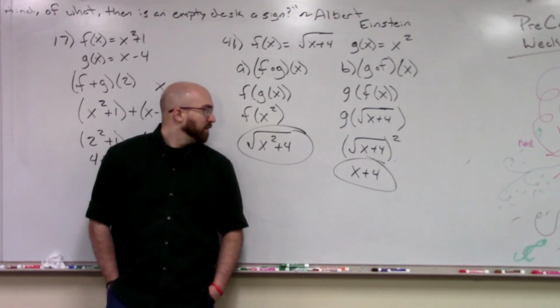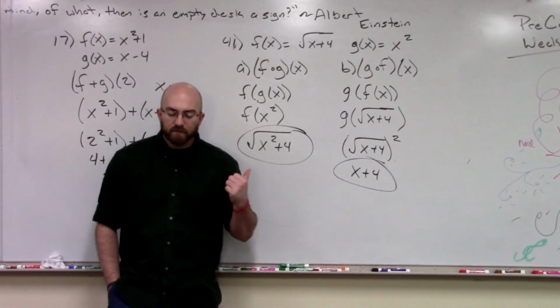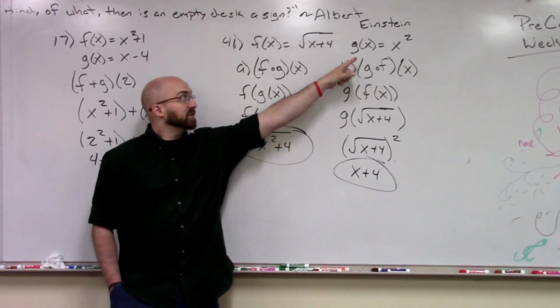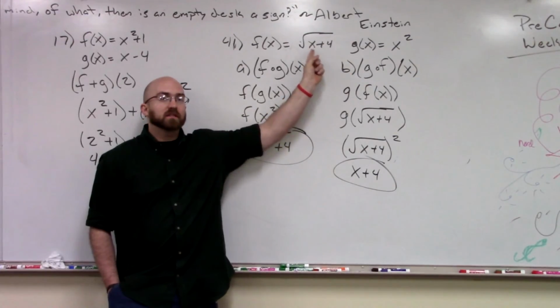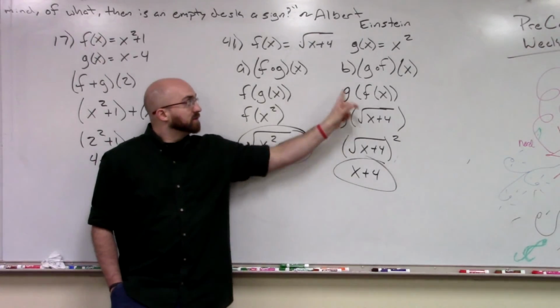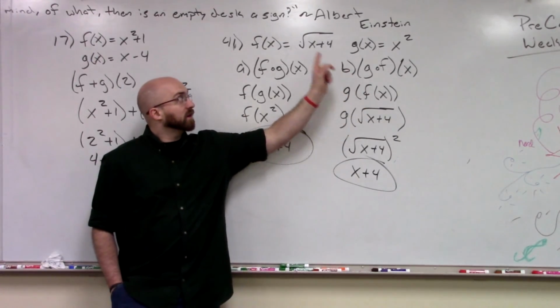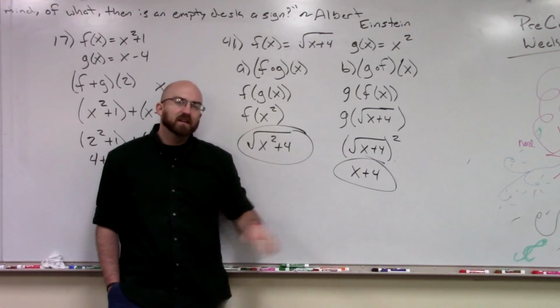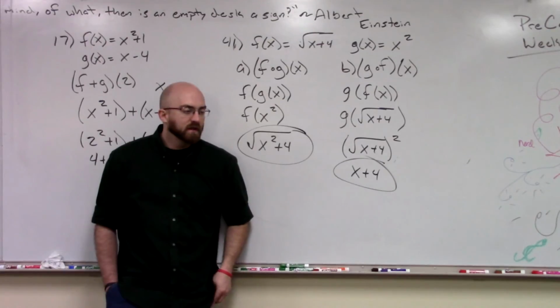Sorry, drawing a blank. But what we have is you just plug this g of x, that g of x squared, into all the x's of your f of x. And that's what we did here. And we got the square root of x squared plus 4. G of f of x, we plug all f of x, the whole thing, into the x's of the g of x. I know this was a simple example.